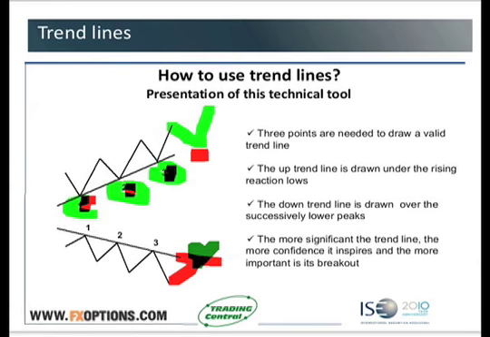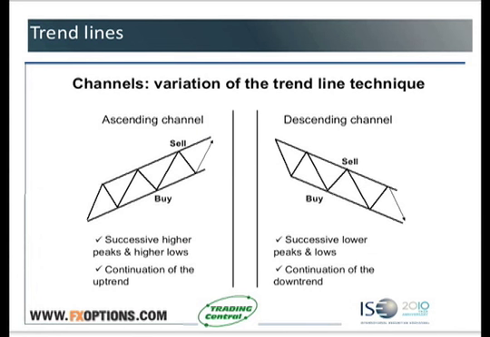For the next one, I wanted to see with you very quickly channel pattern as channel is a variation of the trend line technique. So it's the same as the last slide.